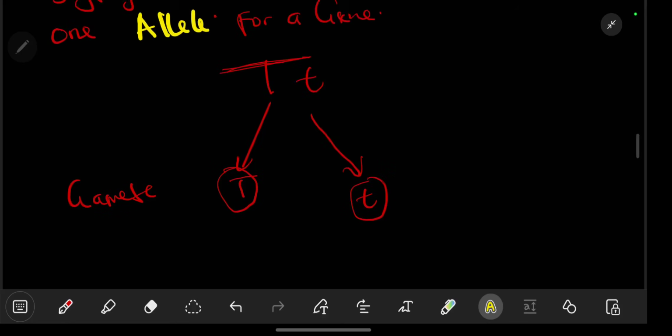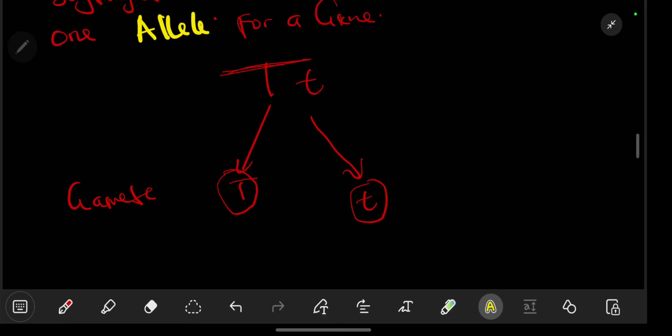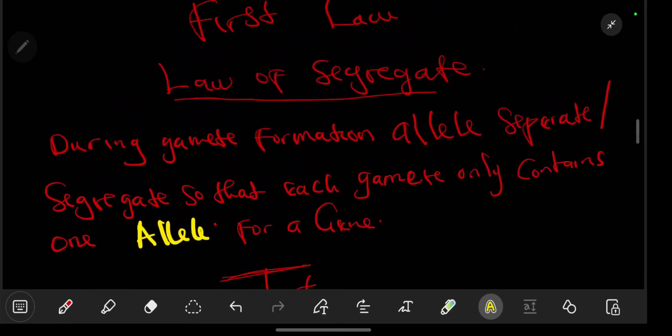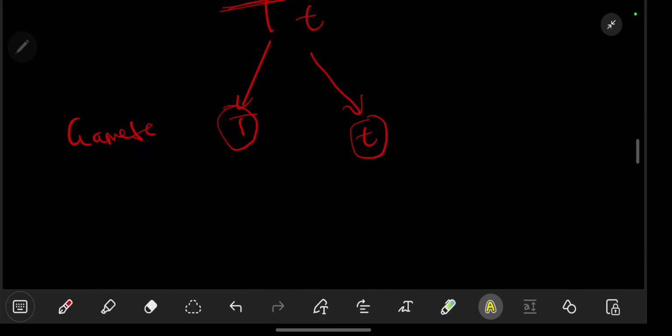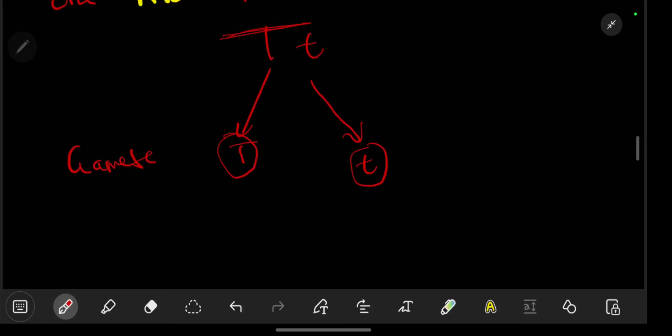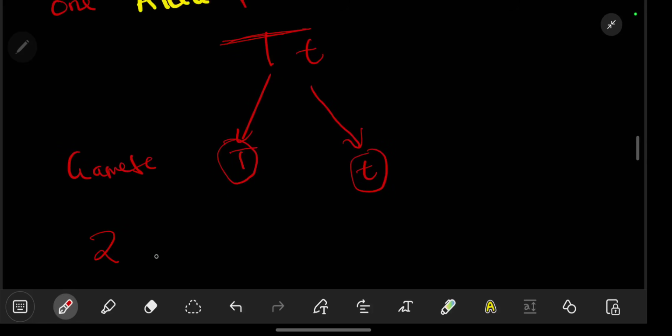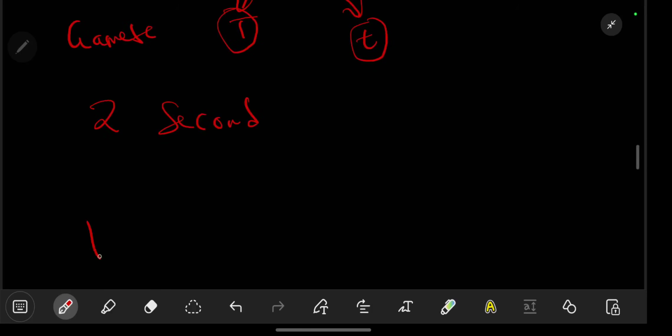When we look at Mendel's second law, remember Mendel's first law involves what we call monohybrid crosses, where we are only involved with one characteristic. However, Mendel's second law is also known as independent assortment.